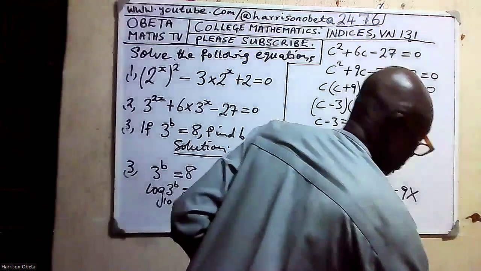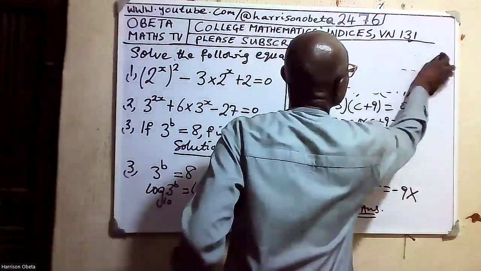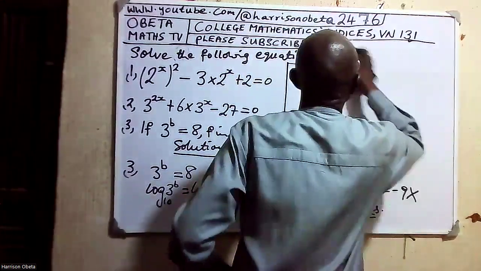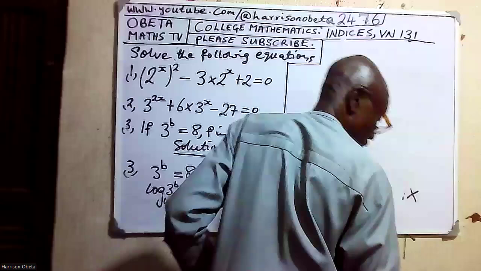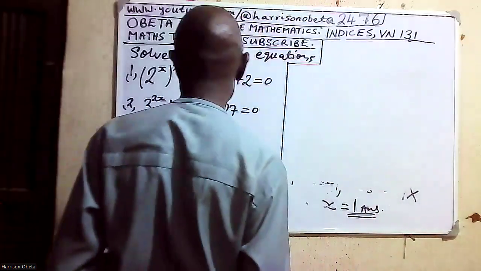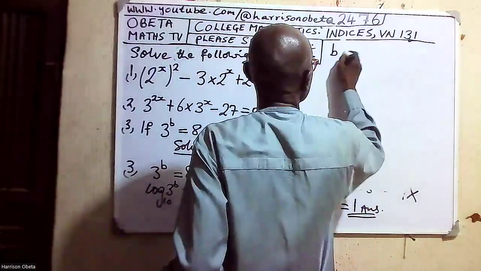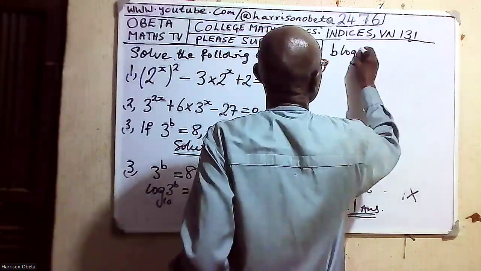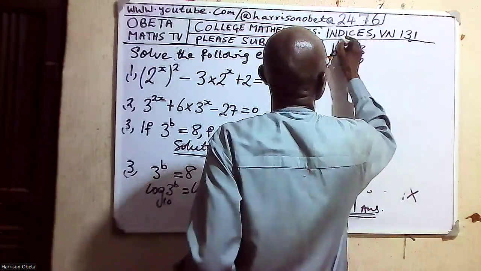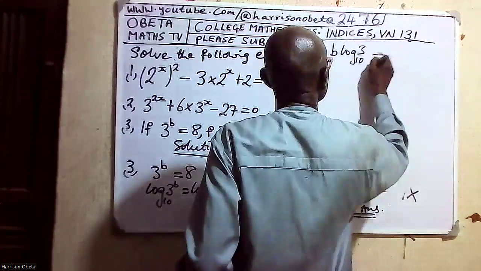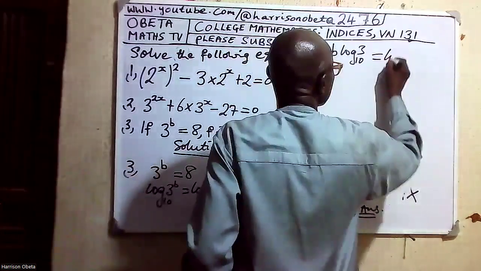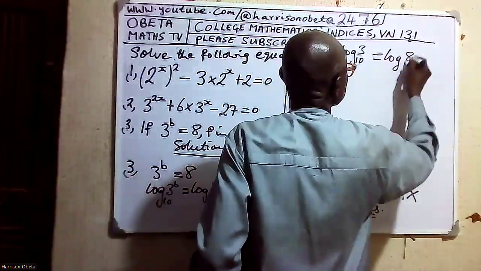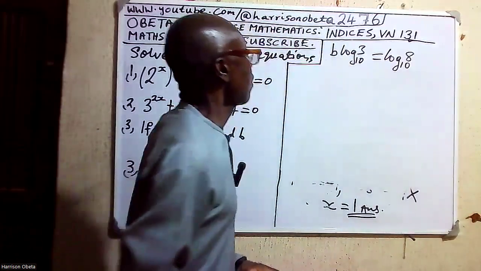So coming over again, we have b log 3 to base 10 is equal to log 8 to base 10.